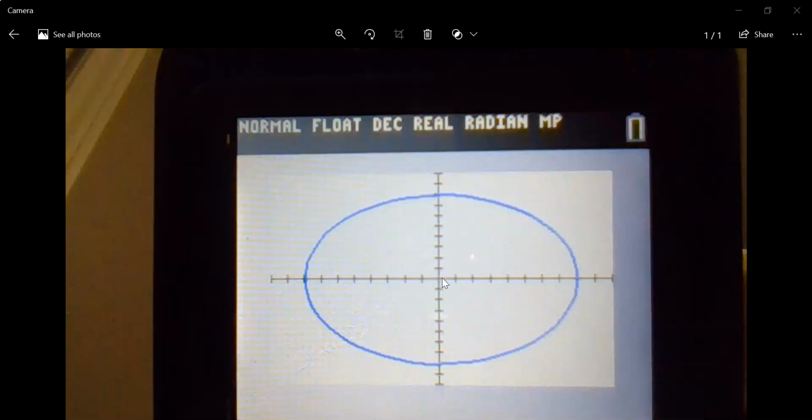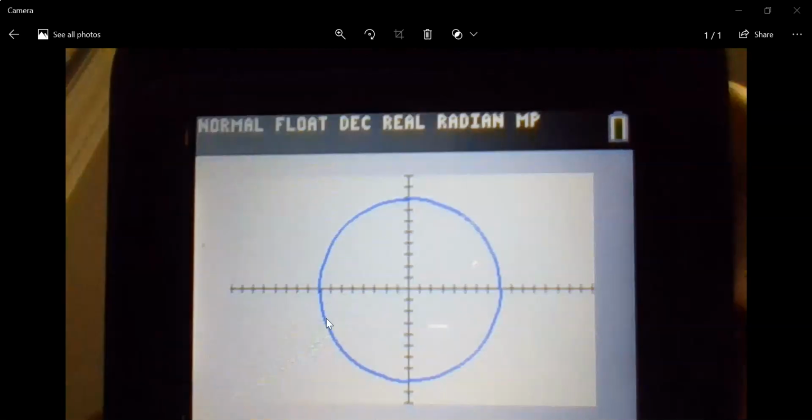So the x units are longer than the y units here. If you want to make your window more square, you can just hit zoom and then square, or you can just play around with the window. Zoom 5 is the square feature, and if you hit zoom 5, it will redraw this as something that looks much more like a circle.